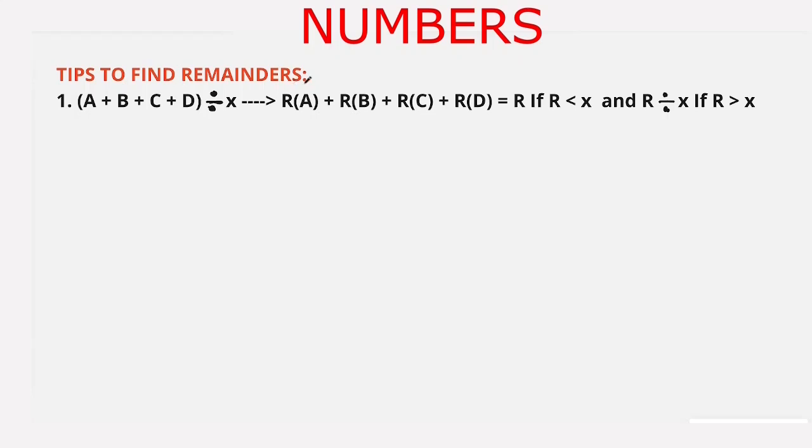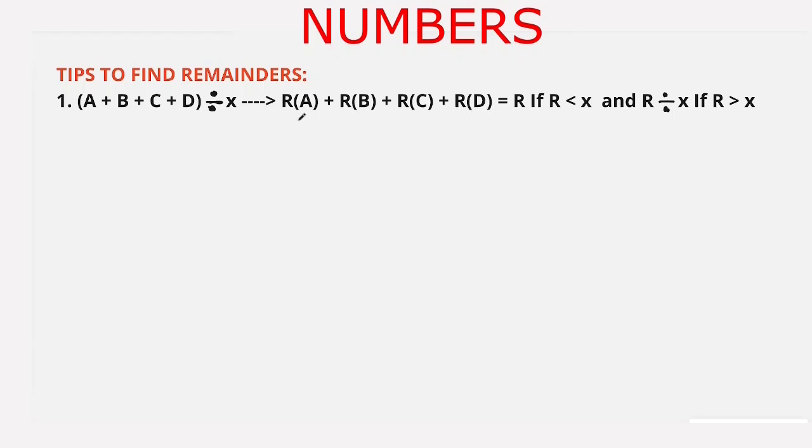Tips to find remainders. Tip 1 is if a plus b plus c plus d, the sum of 4 numbers, is divided by x, then we can directly divide the individual numbers and find the remainders. If a is divided by x, we get the remainder of a, plus b is divided by x, we get the remainder of b, plus c is divided by x, we get the remainder of c, plus d is divided by x, we get the remainder of d.